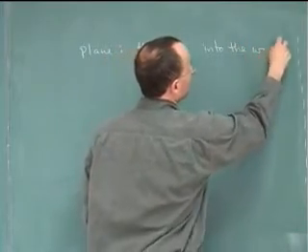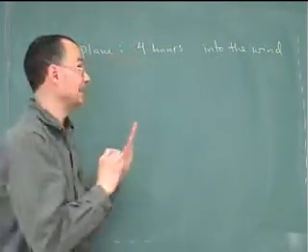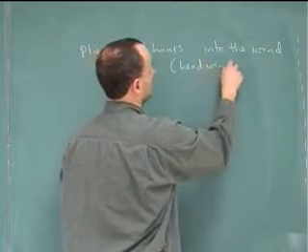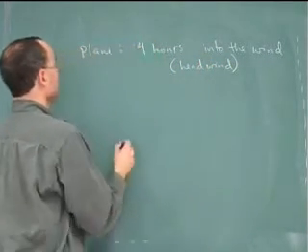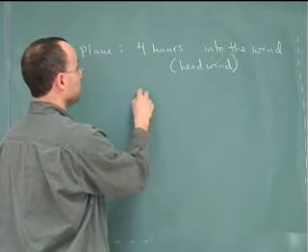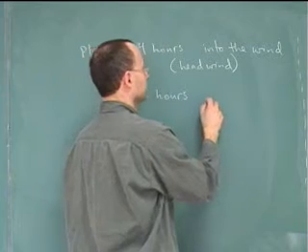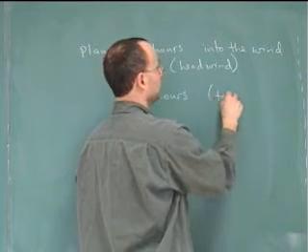Now that basically means a headwind or against the wind, so known as a headwind. And perhaps it only took 3 hours to fly with the wind, what they call a tailwind.